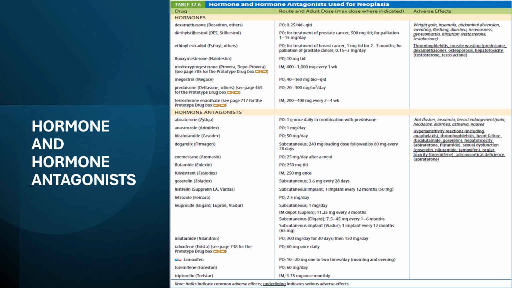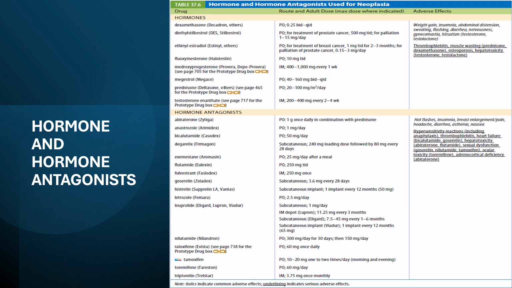Because hormonal drugs are not cytotoxic, they produce few of the debilitating adverse effects seen with other anti-neoplastics. They can, however, produce significant adverse effects when given at high doses for prolonged periods.